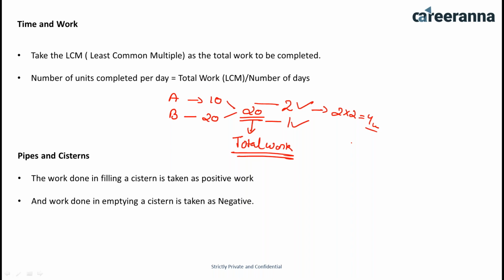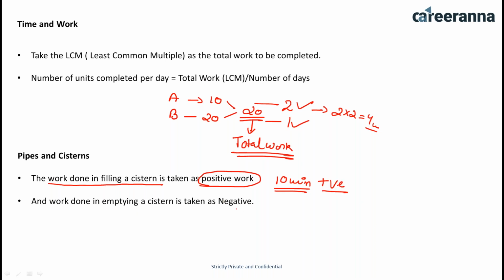The same thing is going to happen in questions on pipes and cisterns, but there are two things. First, the work done in filling the cistern is taken as positive work. Suppose the question says pipe A fills a cistern in 10 minutes. That means the cistern is filling in 10 minutes, so we take this work as positive.